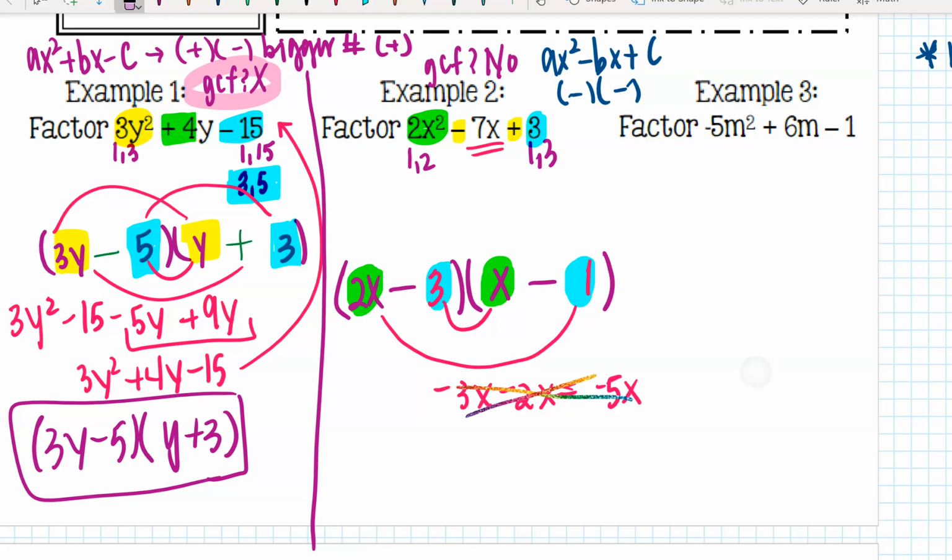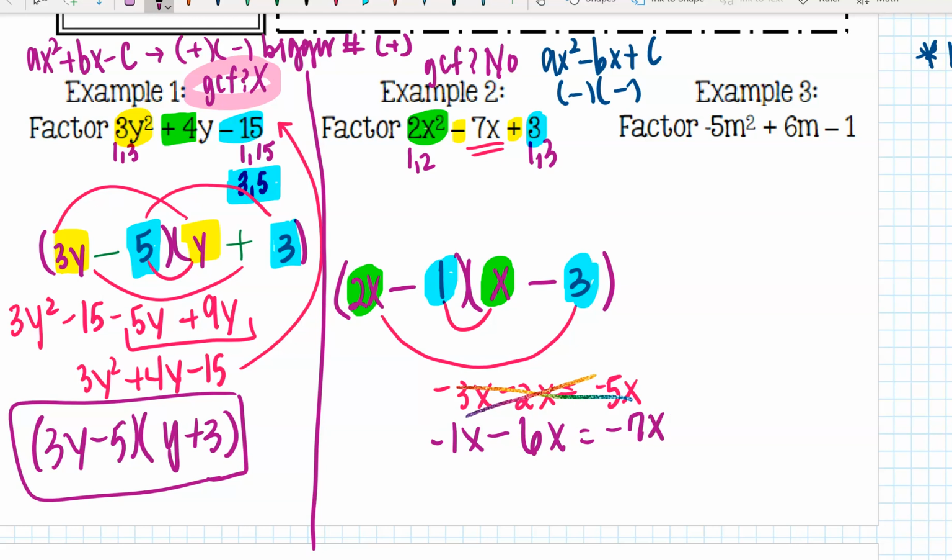So what I'm going to do is erase my spot with the 3 and the 1, and I'm just going to switch places. So I'm going to put the 1 in the first group, and I'm going to put the 3 in the second group, and I'm going to try again. So now I have negative 1 times x, and I have 2x times negative 3, which gives me a negative 6x.